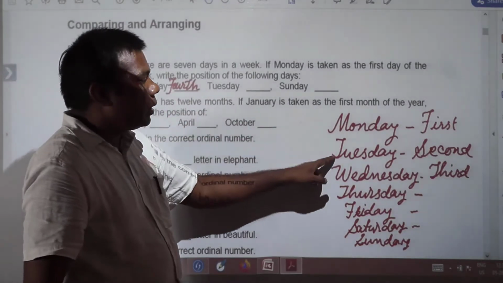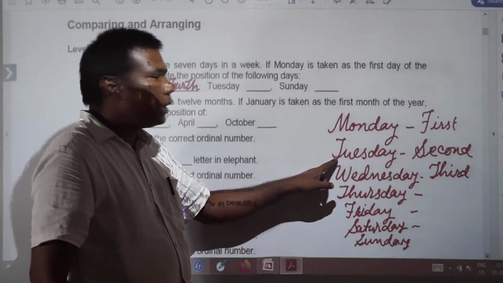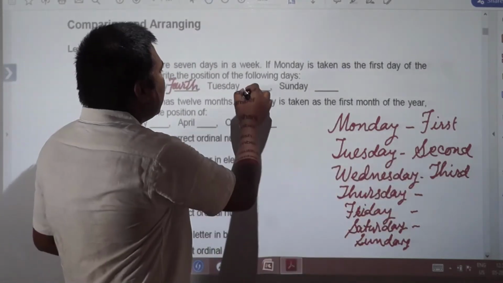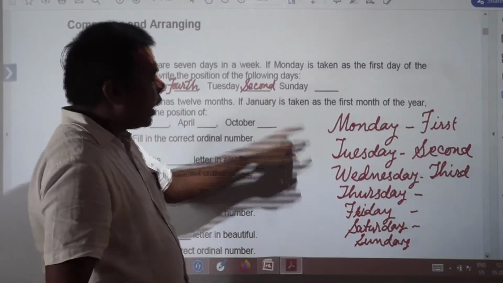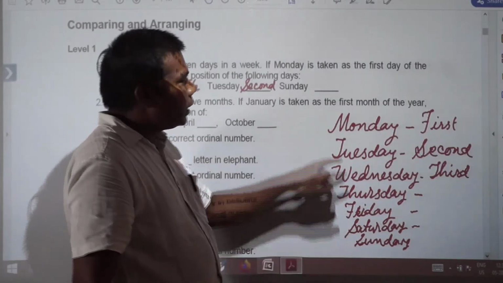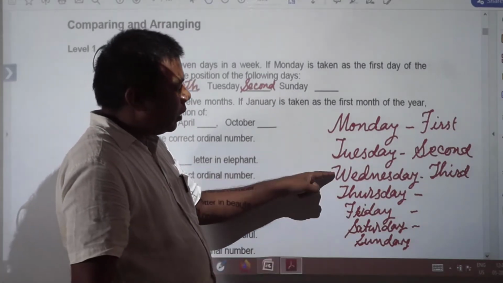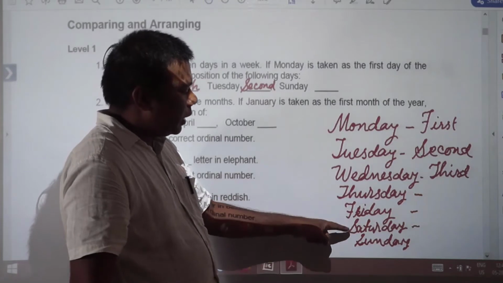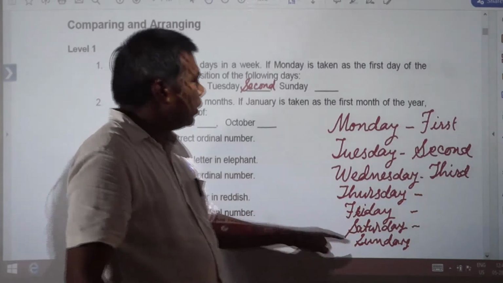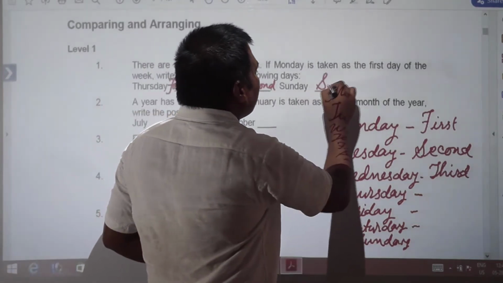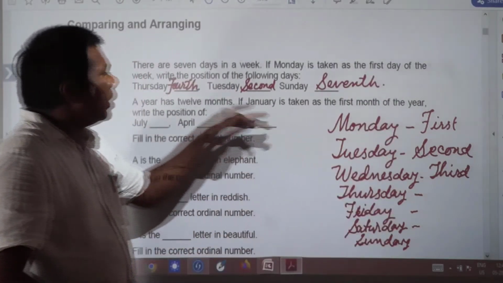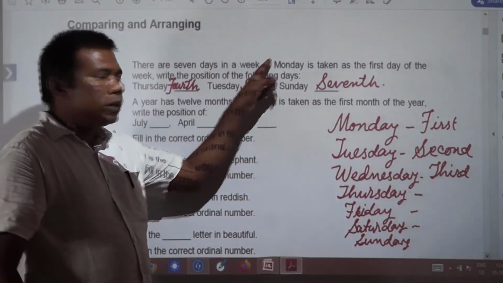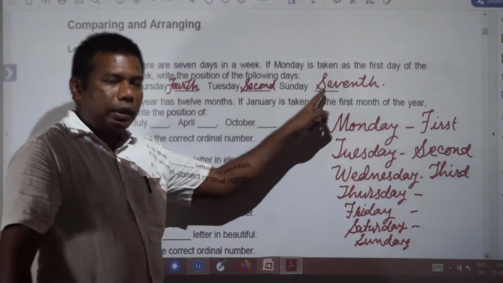Tuesday is coming in which position? Second. So here it should be written second. And Sunday is coming in which position? First, second, third, fourth, fifth, 6 and 7. So here it will be 7. Likewise in your copy, properly write your question and answer as well.